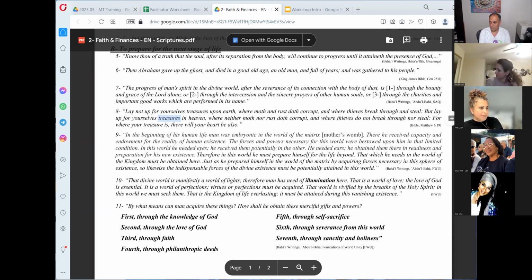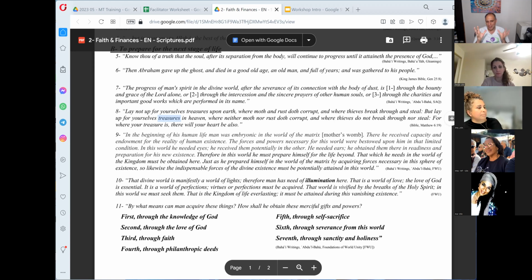He obtained them in the readiness and preparation for his new existence. Therefore, in this world, he must prepare himself for the life beyond. That which he needs in the world of the kingdom must be obtained here, just as he prepared himself in the world of the matrix by acquiring forces necessary in the sphere of existence. So likewise, the indispensable forces of divine existence must be potentially attained in this world.